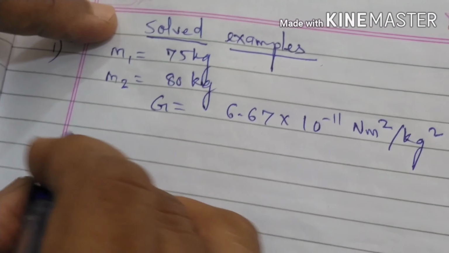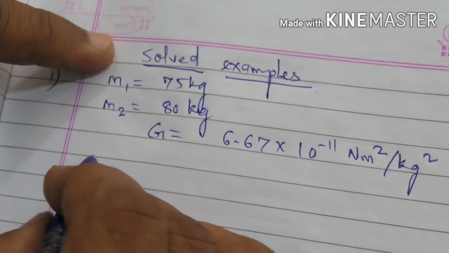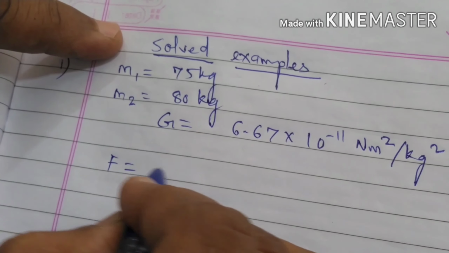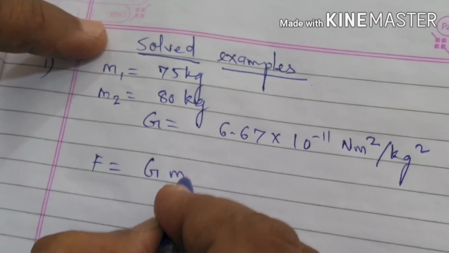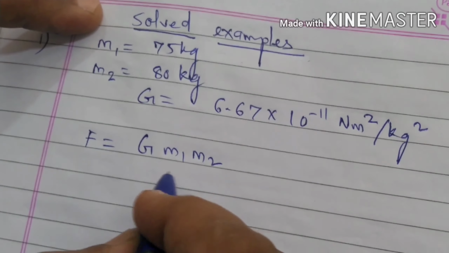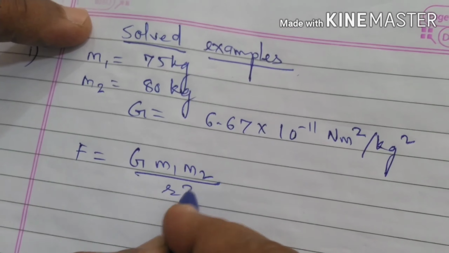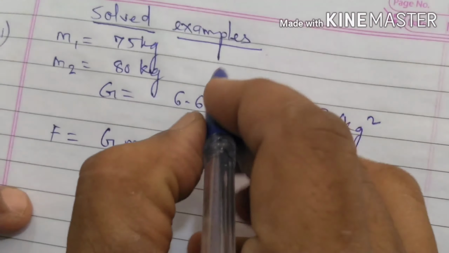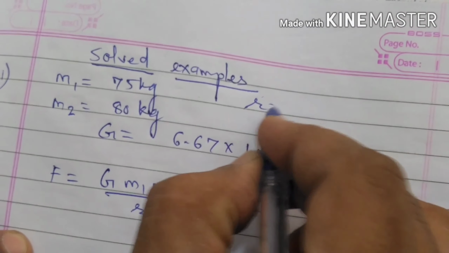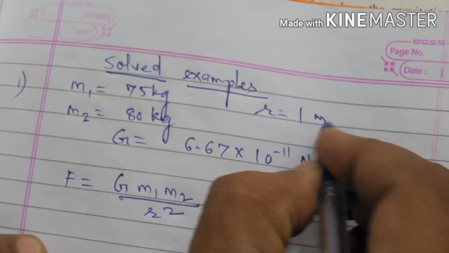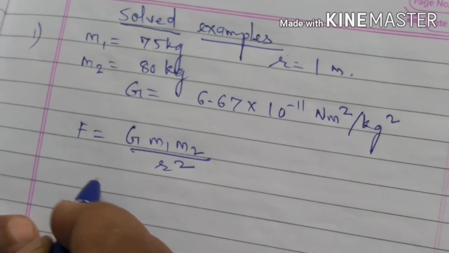Now according to Newton's law, F is equal to G m1 m2 upon r square, and here the distance is also given, r is equal to 1 meter. Now put the values here.